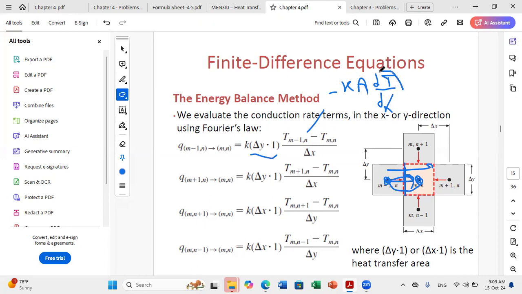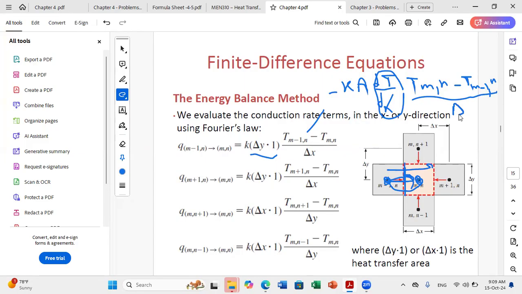So this can be replaced by T(m,n) minus T(m-1,n) over delta x.